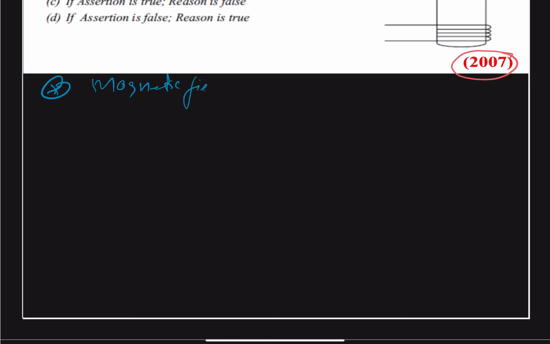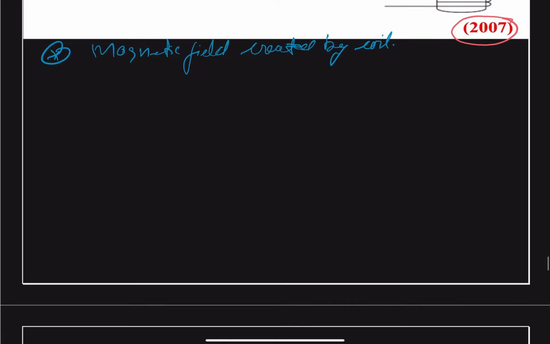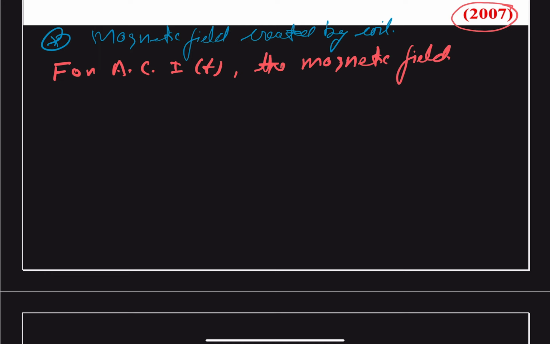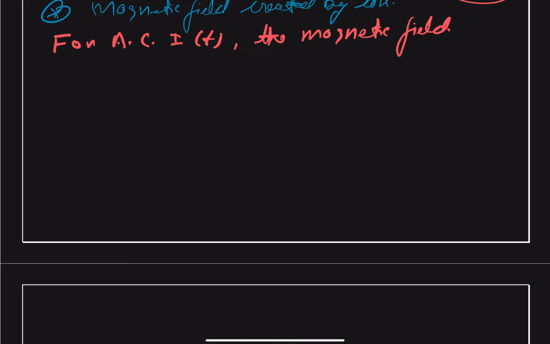So the magnetic field created by the coil, in this case, for an alternating current I of t, is given as B, which will be equal to mu naught n times I of t.